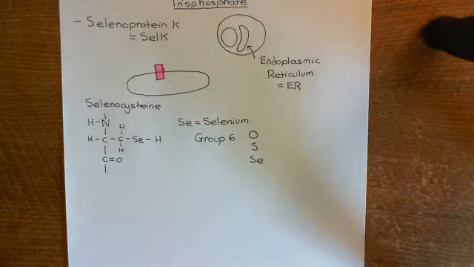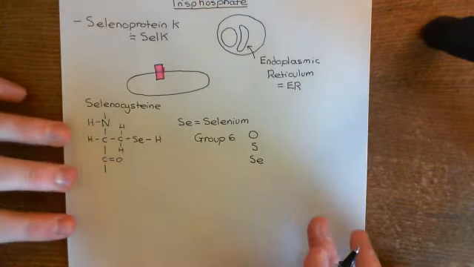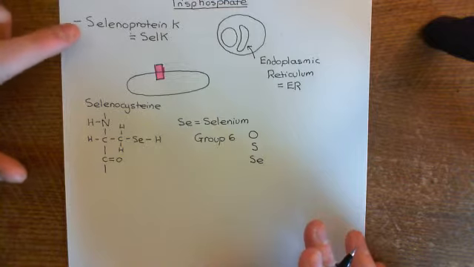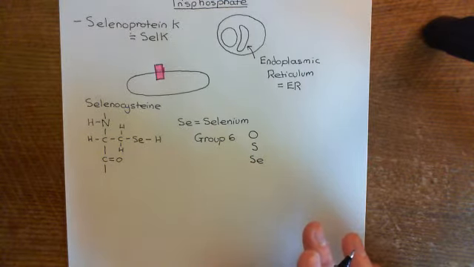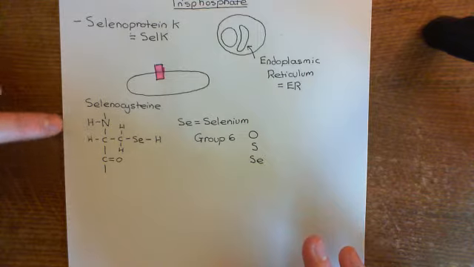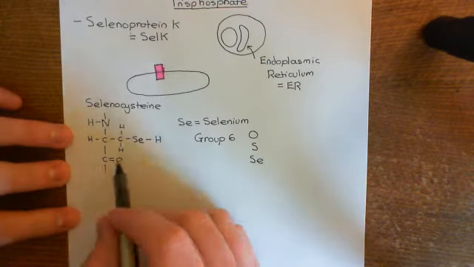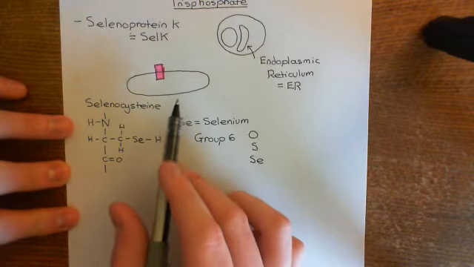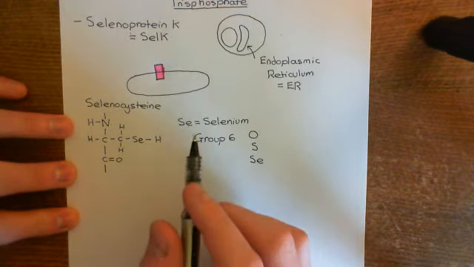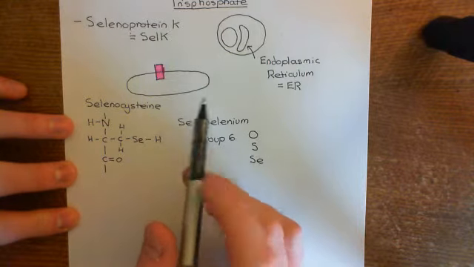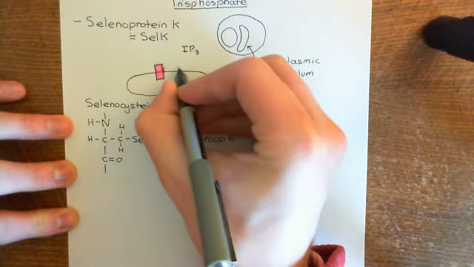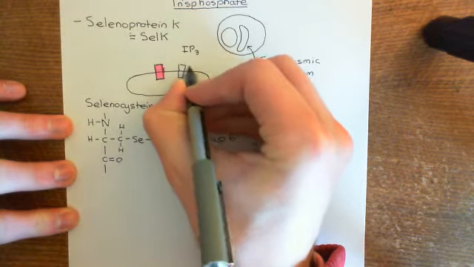Now, basically, what these experimenters found is that if you knocked out selenoprotein K, so if you either knocked it out genetically, maybe by an siRNA directed against the mRNA of the selenoprotein K, or if you made the cell deficient in selenium, which meant that you couldn't produce the selenocysteine amino acids, then that would also knock out the selenoprotein K. Okay, what they found is that if you then stimulate the phosphoinositide pathway, which leads to the production of IP3, which then activates IP3 receptors in the ER membrane and then causes the release of calcium from the ER.